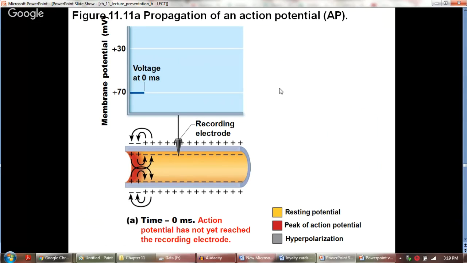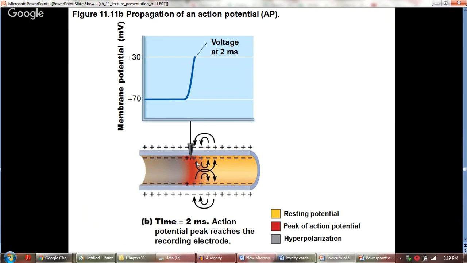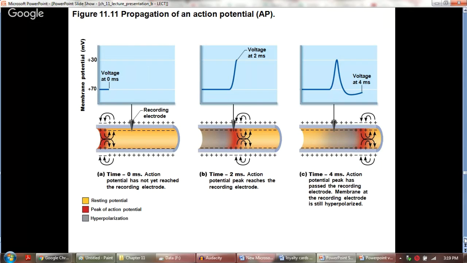Here it shows the propagation of the action potential: the depolarization has happened in this area, the local current has been generated, and it's going to depolarize this area next and then move forward, and so on.